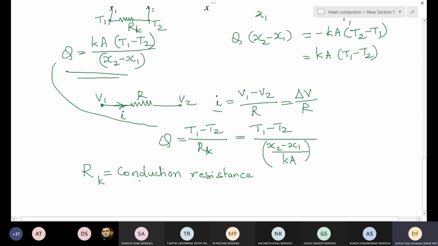That's why I use the RK value. And that is equal to, for the planar wall, (X2 minus X1) over K. Now you can see that. What is X2 minus X1? It tells you.